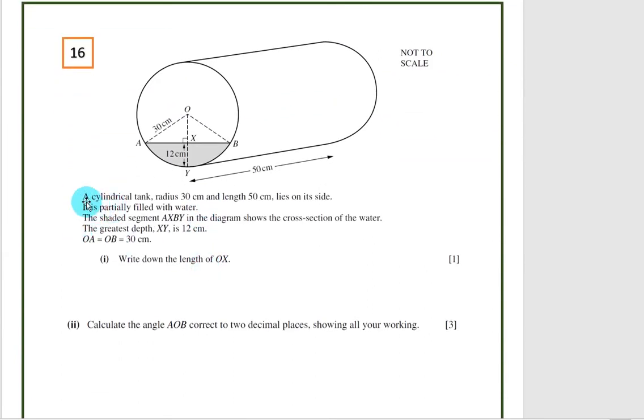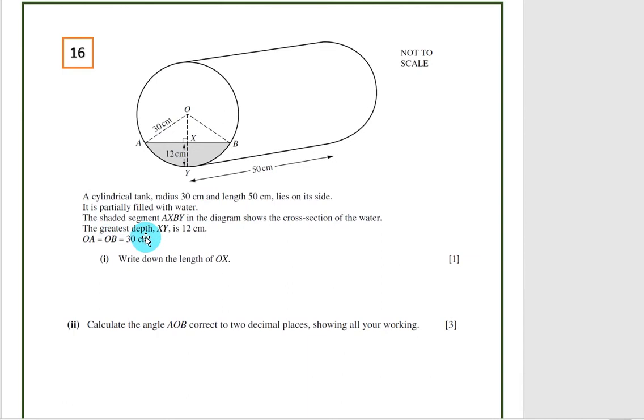A cylindrical tank, radius 30 centimeters and height 50 centimeters, lies on its side. It is partially filled with water. This is the part filled with water. The shaded segment AXBY in the diagram shows the cross section of the water.